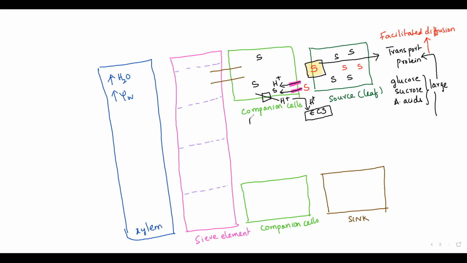So companion cells are going to have co-transport proteins, which are transporting whom? The sugars as well as protons from out to inside at once. And these proton pumps use ATP to pump a proton out into the extracellular matrix, children.